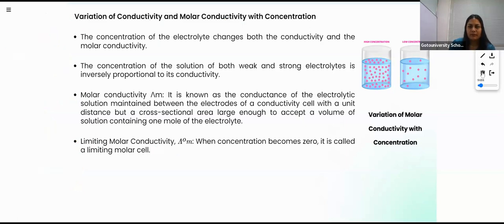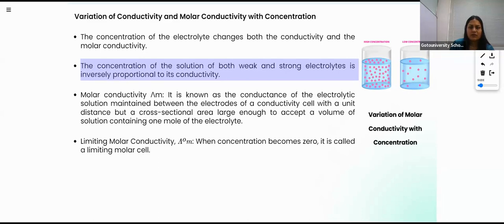So how the molar conductivity and conductivity vary with the concentration, I think it is clear to you already. The concentration of electrolyte changes both the conductivity and molar conductivity, right? As we have discussed, there are two types of electrolytes, strong and weak electrolytes.